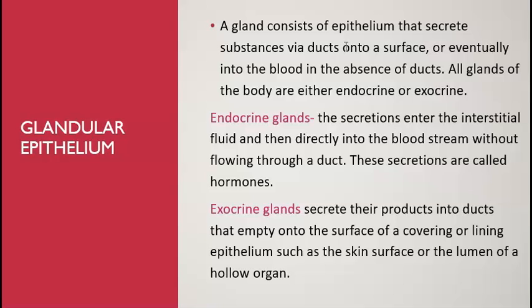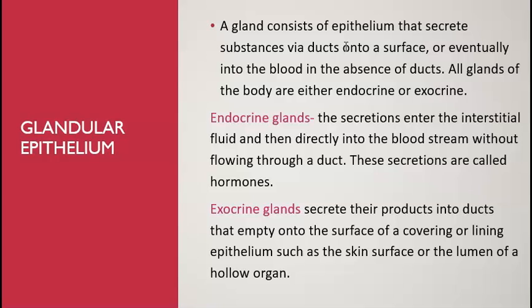So these are the two mechanisms by which secretions leave glands, either through ducts or directly into the bloodstream. If it is secreted through a duct, it is called an exocrine gland. If it is secreted directly into the bloodstream, it is called an endocrine gland, and such secretions are called hormones.